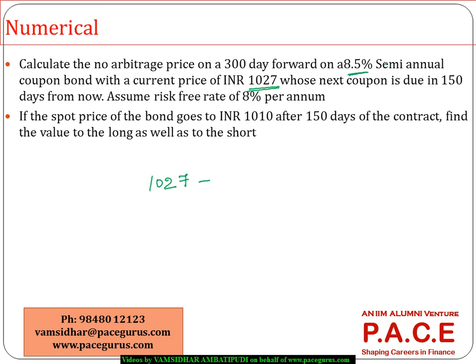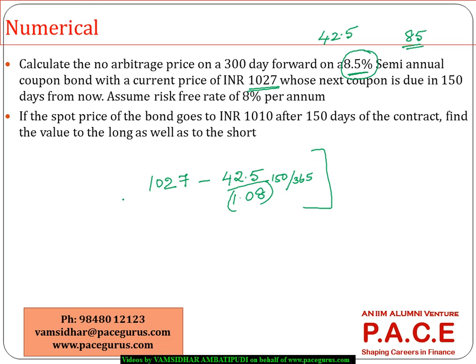So what is the coupon? 8.5% on 1000. So 85 is going to be the coupon, and because it's a semi-annual coupon, 42.5 is going to be the coupon. So adjusted spot price will be 1027 minus 42.5 by 1.08 to the power 150 by 365.